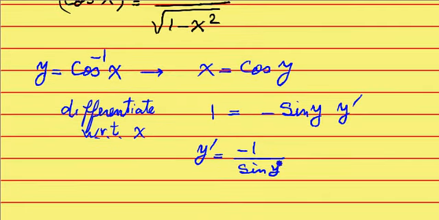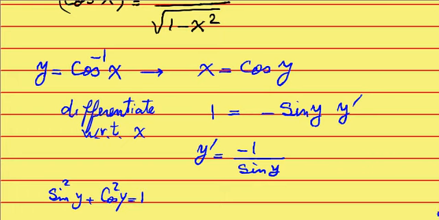All that is left to do is to describe the formula for the derivative in terms of x. It is given in terms of sine of y. I know cosine of y is x, just like last time. What's the connection between these two? We know that sine squared of y plus cosine squared of y is equal to 1.